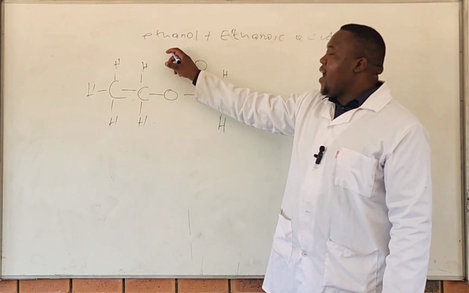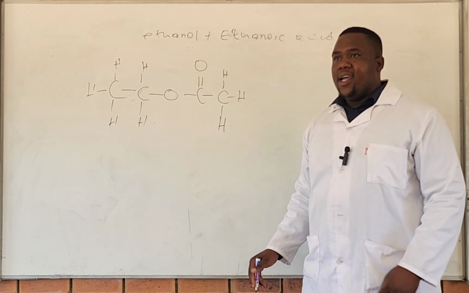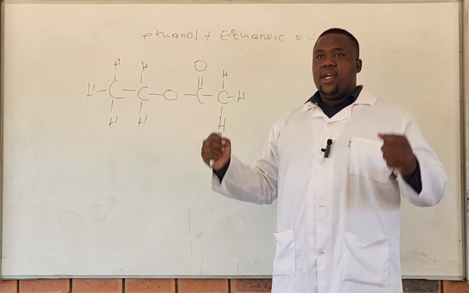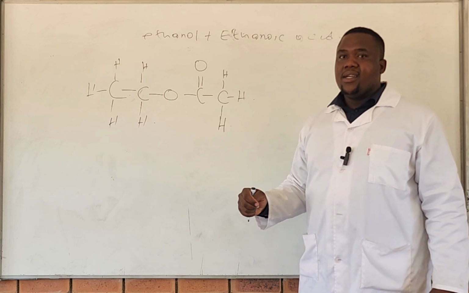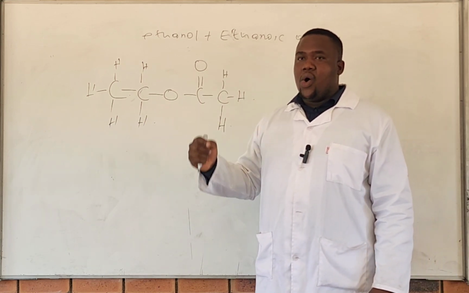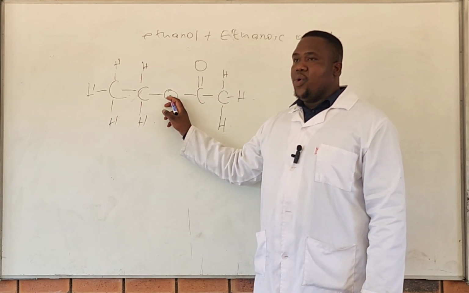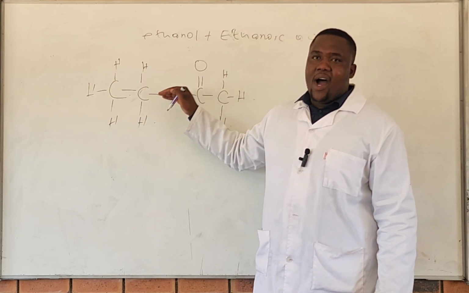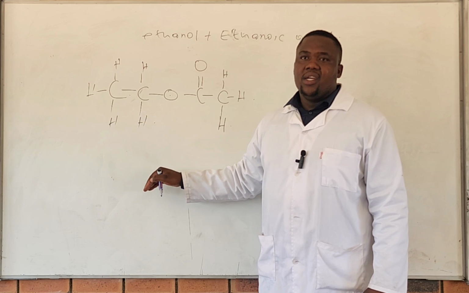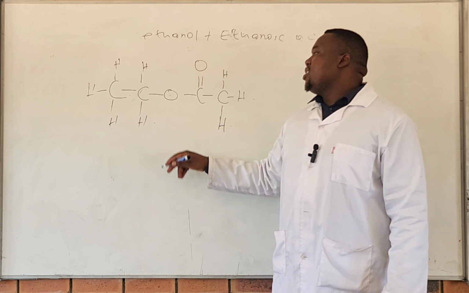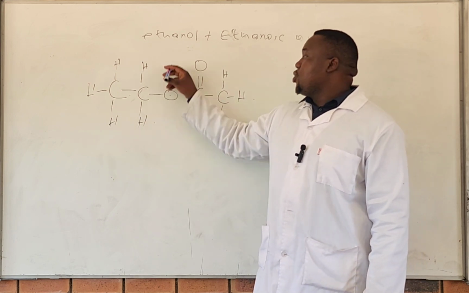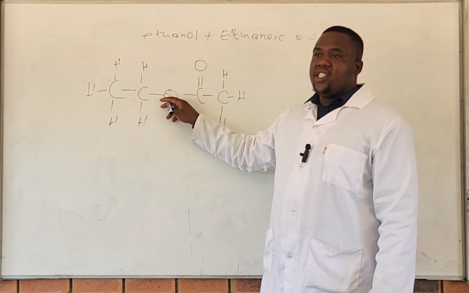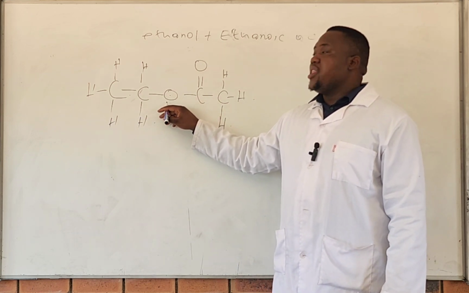You draw a line and cut the ester into two parts. And the line must cut through the oxygen. So this oxygen, which is in the same line as the carbon, is used as the axis of symmetry. You need to cut the ester where there is the oxygen that is in line with the carbon.